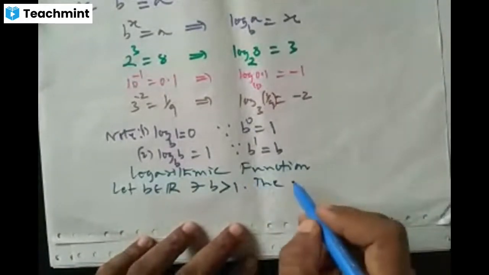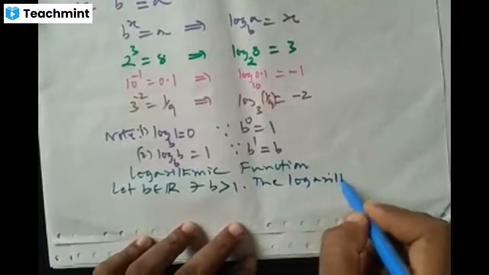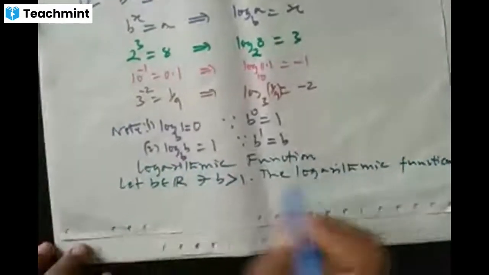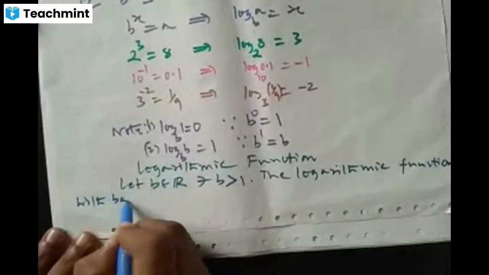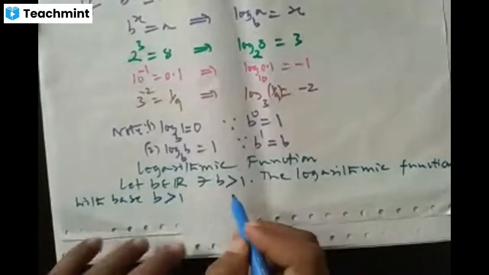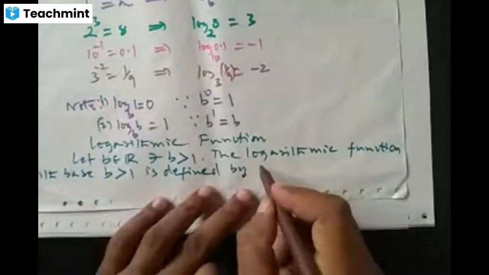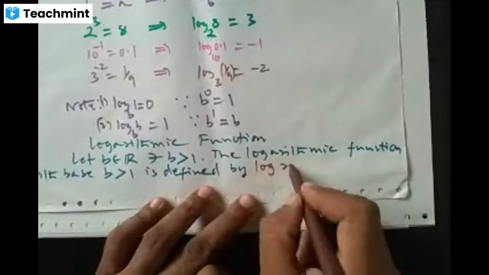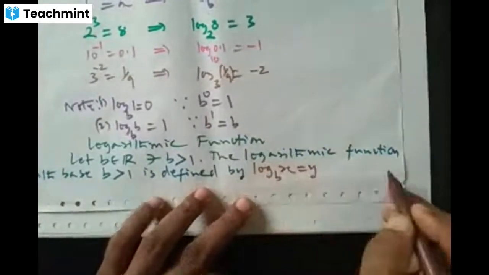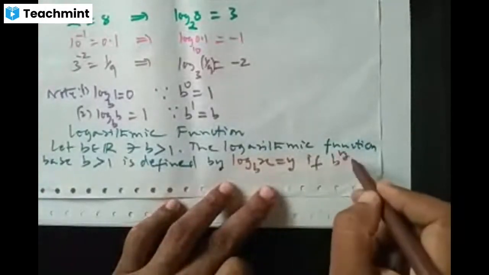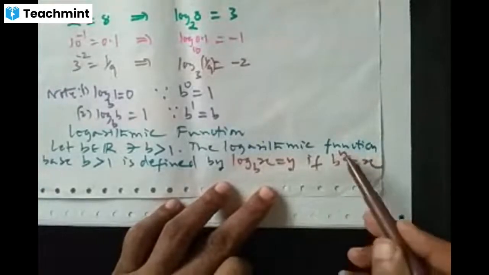The logarithmic function with base b more than 1 is defined by: log x to the base b is equal to y if b power y is equal to x.